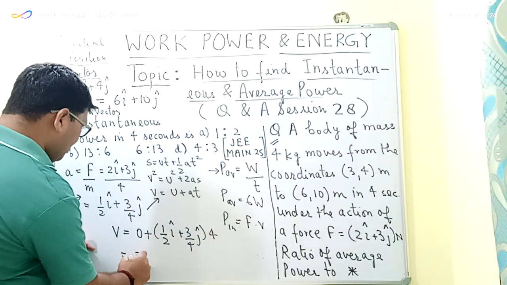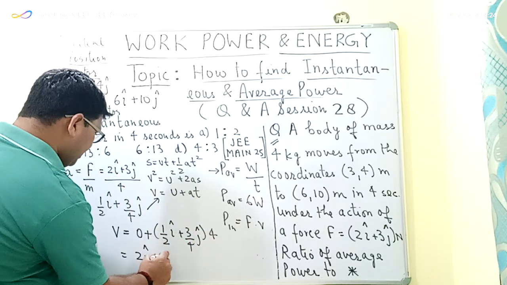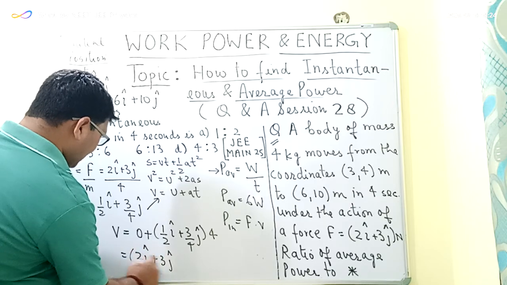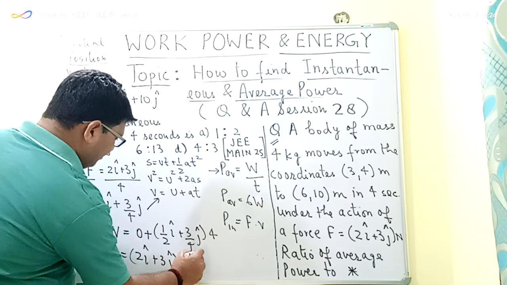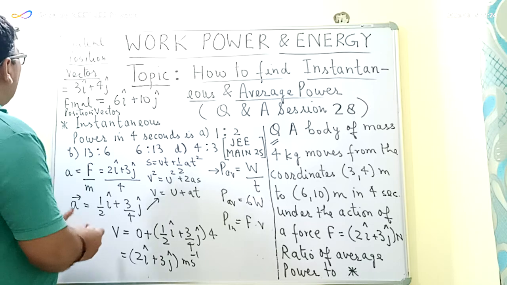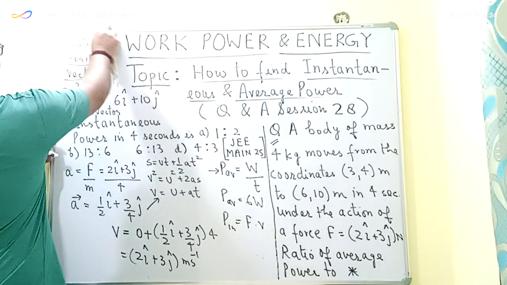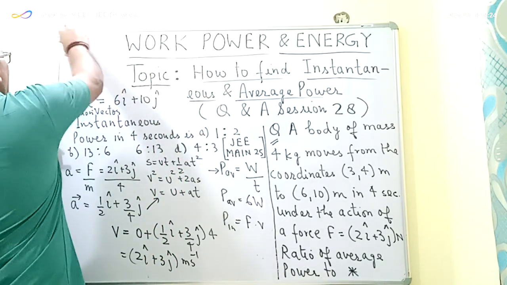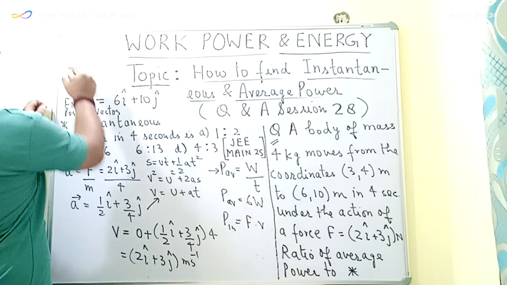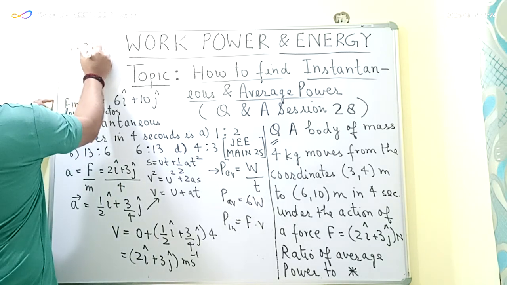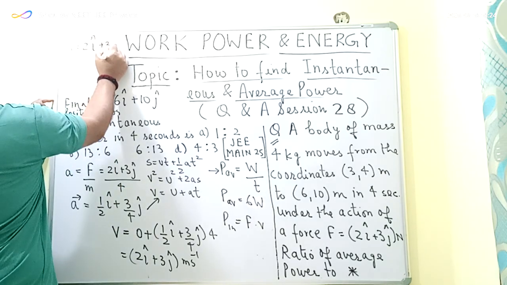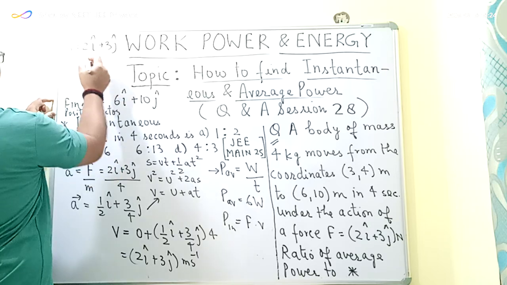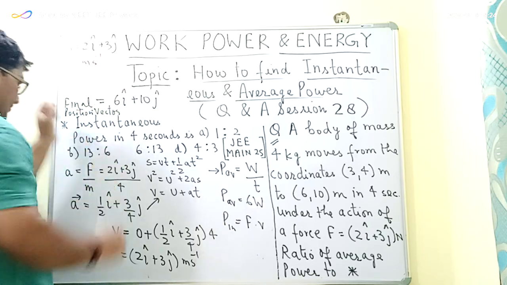So this is equal to 2i cap plus 3j cap, and the unit will be meters per second. So I'm writing the value of v on the top here, that is v is equal to 2i cap plus 3j cap meter per second.